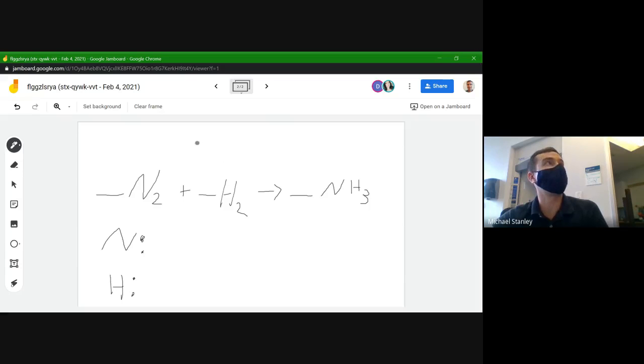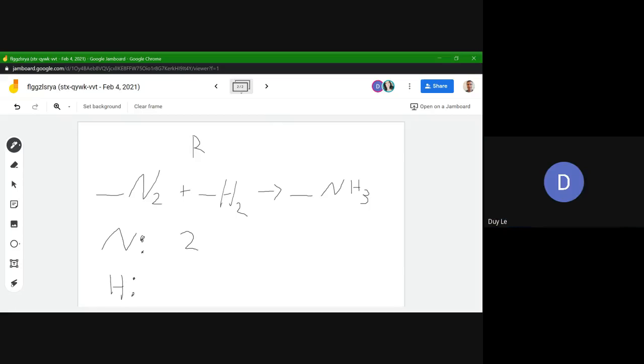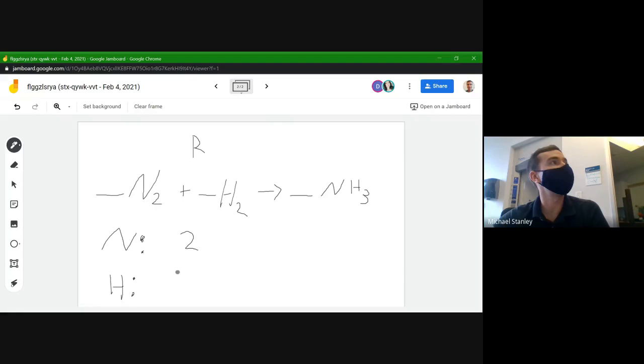So if we start over here on the reactant side, how many N's do we have over here? 2. 2, precisely. How many H's? Also 2. 2 N's and 2 H's.